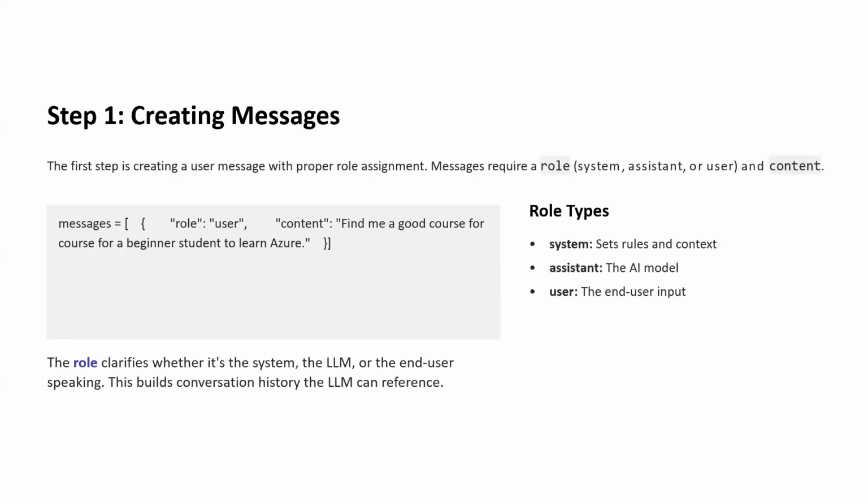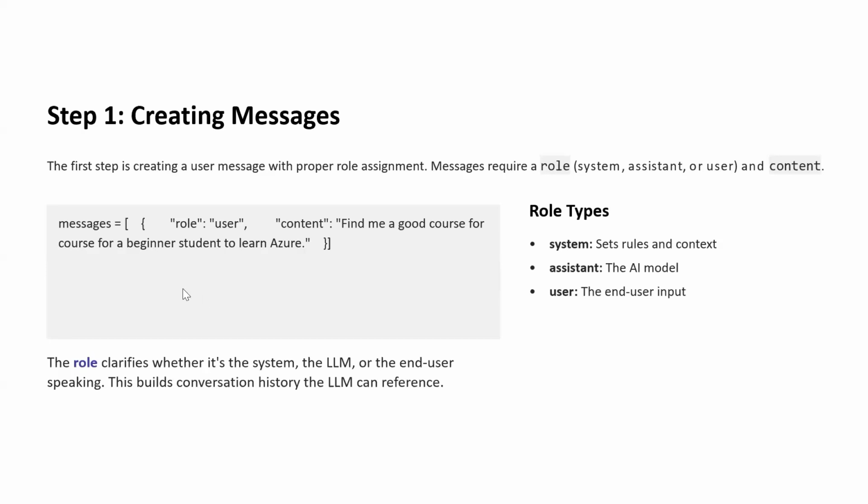So we're going to create the message. Now, a message basically tells the model who's talking. It could be the model talking, the user talking, or the assistant talking. What that means is we're trying to define a role in our application file, right?